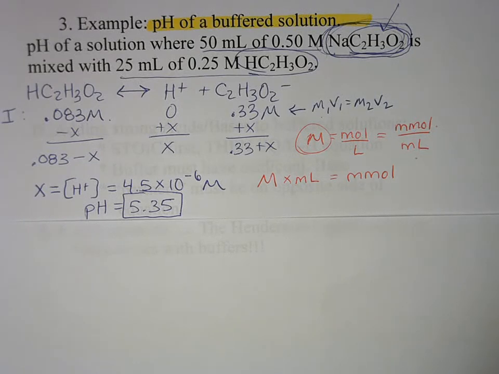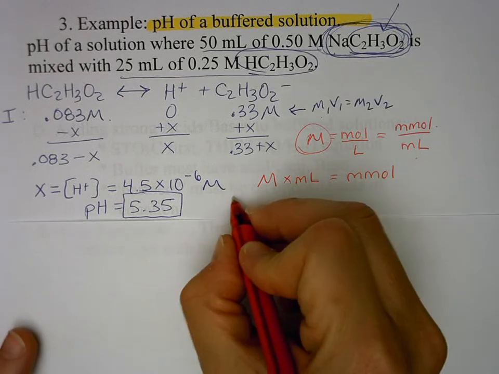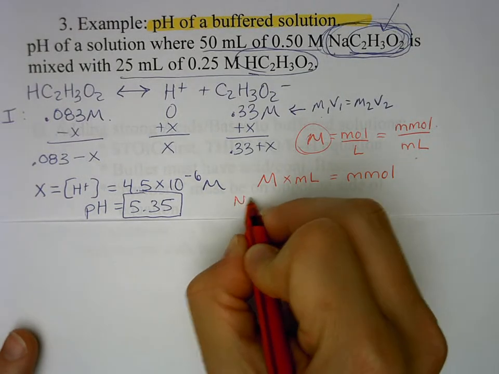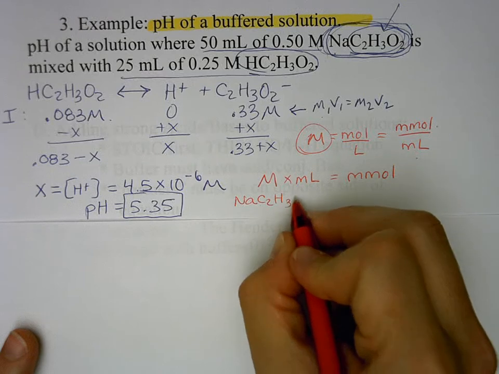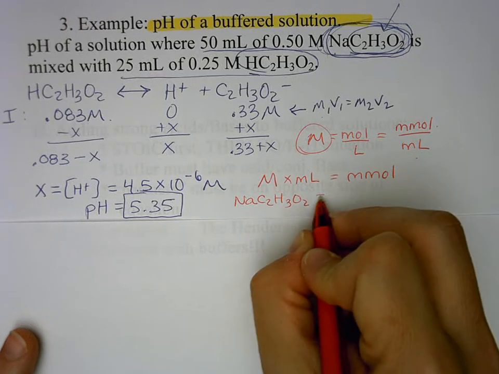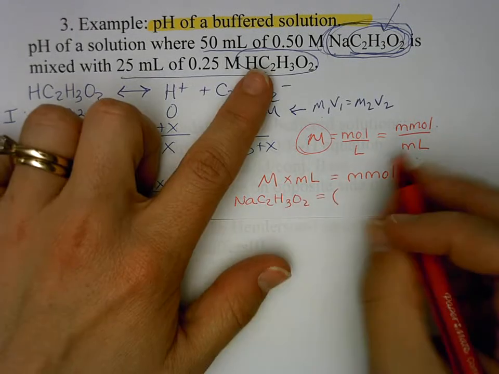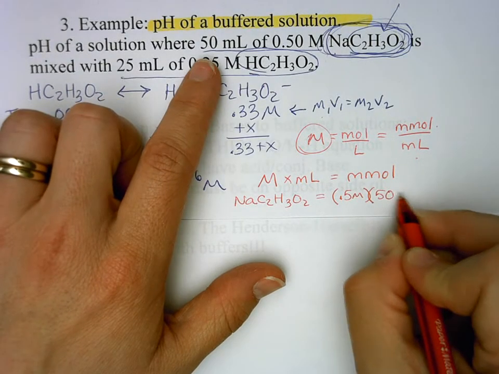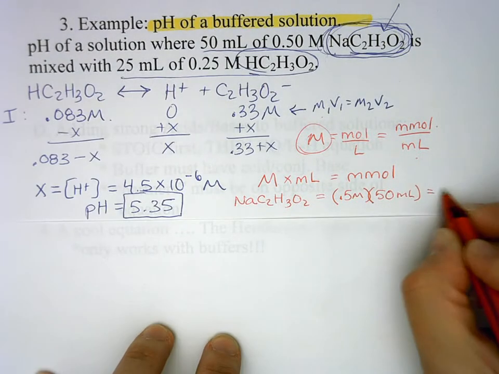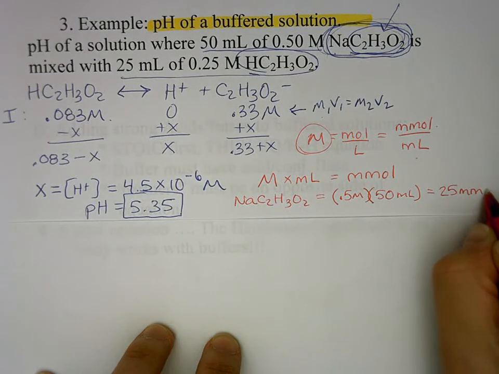So if I wanted to calculate the millimoles of sodium acetate, my molarity is 0.5, my milliliters are 50 milliliters. So I have 25 millimoles of sodium acetate.